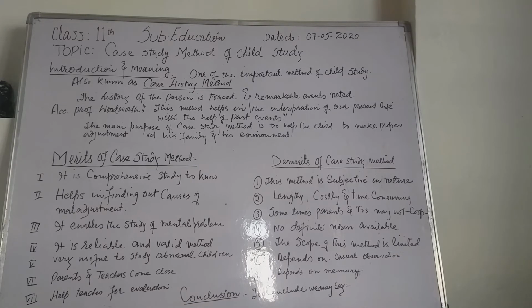Number second, this method enables finding out causes of maladjustment of the child and then finding out a suitable treatment. Number third, it enables the study of the mental problems of the child.